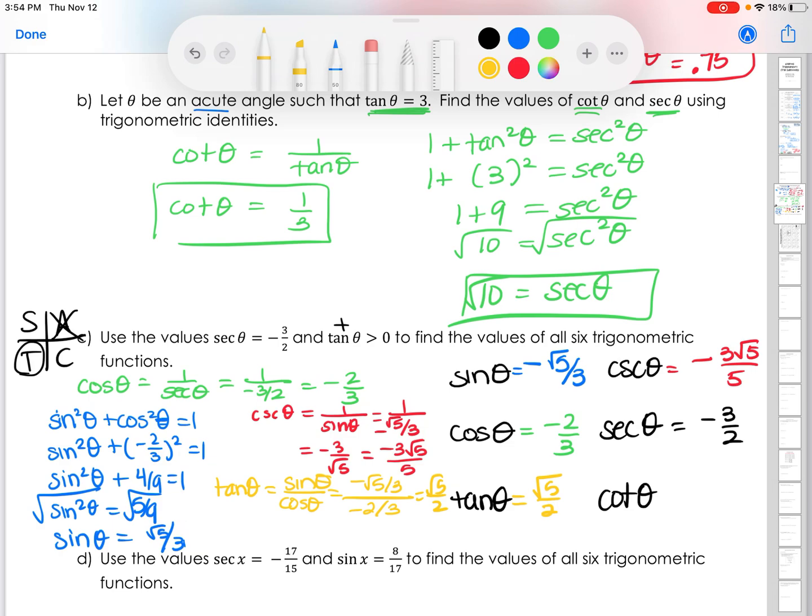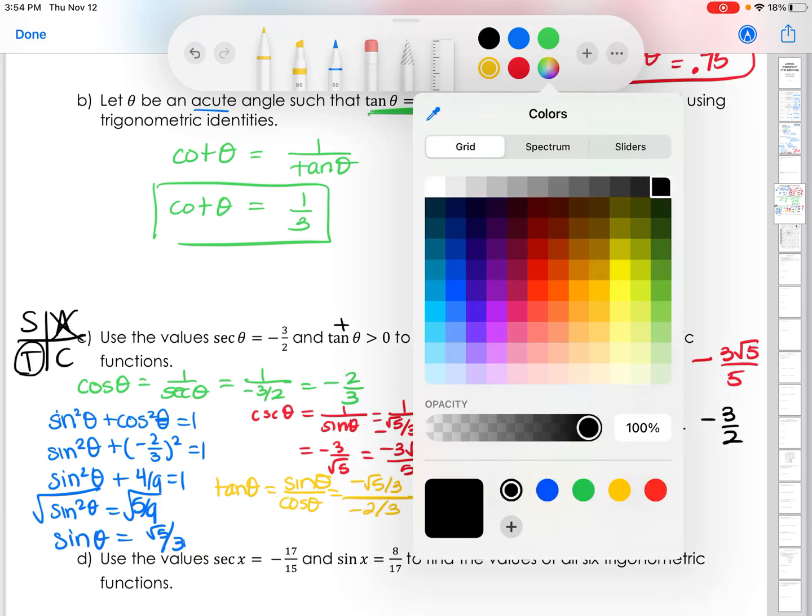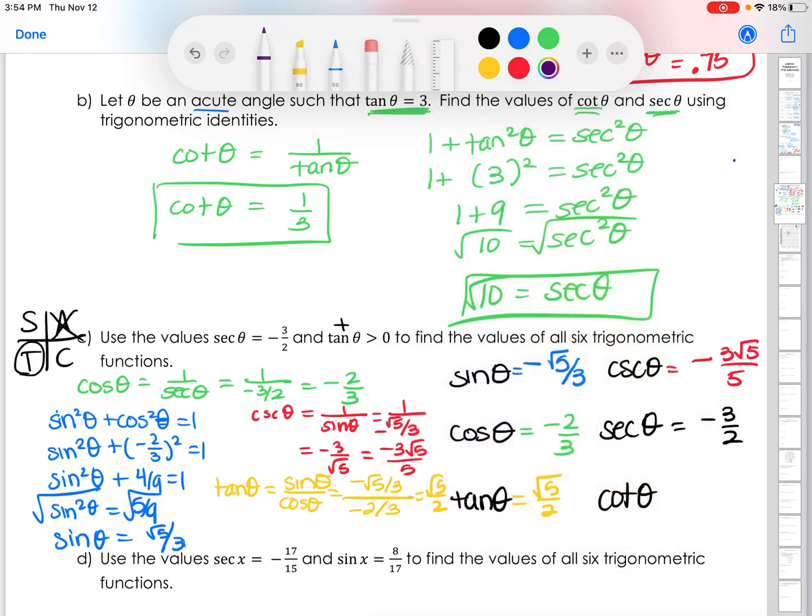And last but not least, we're going to need the reciprocal identity there to flip that over. So we know that cotangent is equal to 1/tan. So that's 1 over root 5 over 2, which is going to be 2/root 5. And when I rationalize that, that is 2√5 over 5.